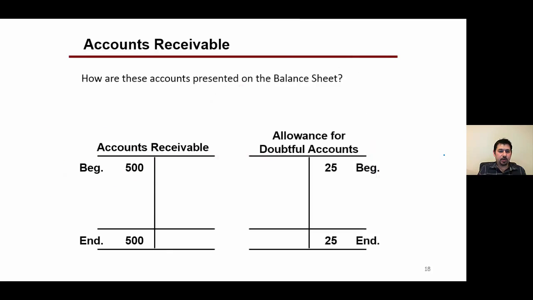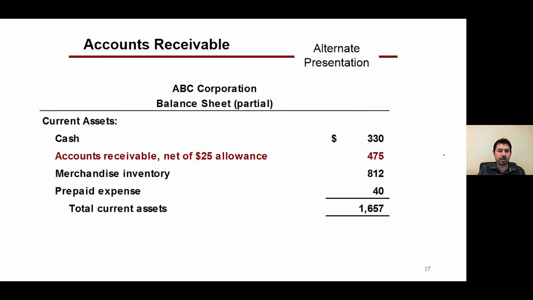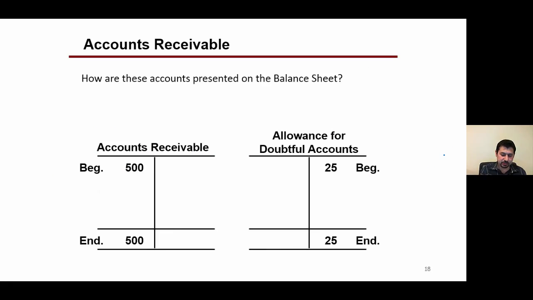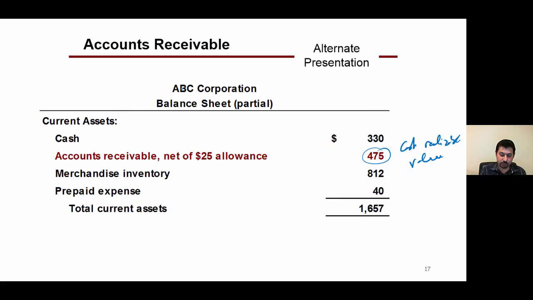So now let's see how the company will keep on recording the changes to allowance for doubtful accounts and to accounts receivable. Those were the balances from year one. Let's say that those were the ending balances for 2013.